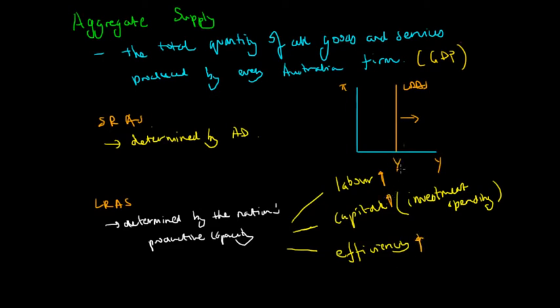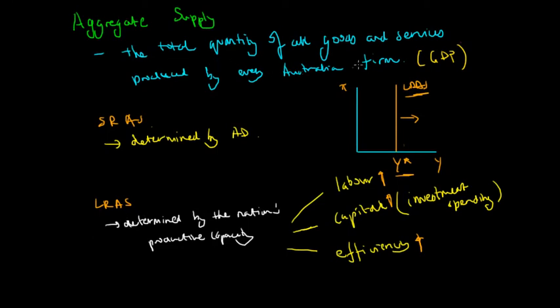In the long run, we're going to see a stable or a potential rate of output exhibited by this economy due to the labor, capital, and efficiency constraints. And so in the long run, even if aggregate demand should increase, they're only going to be able to produce at this long run aggregate supply level of production.